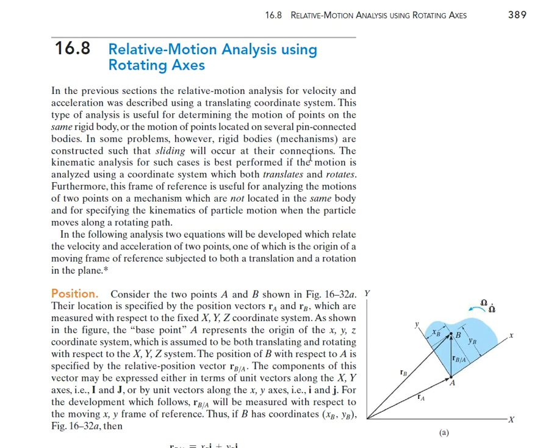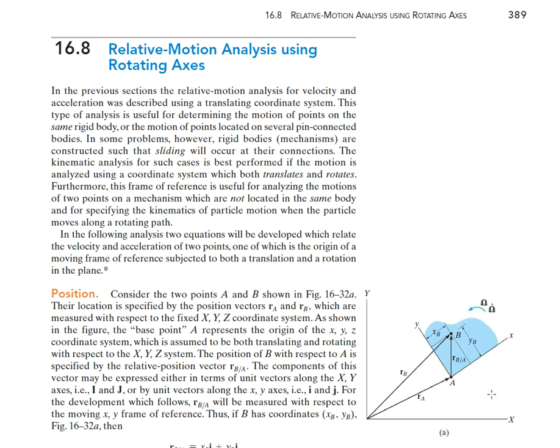The last section of this chapter 16 deals with problems where there is sliding between moving bodies, and the motion of a point of interest B is described relative to a reference frame that is rotating with angular velocity omega and angular acceleration omega dot, rather than being a translating frame like we saw previously.